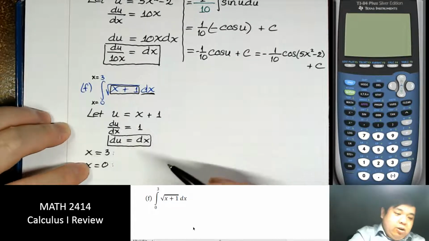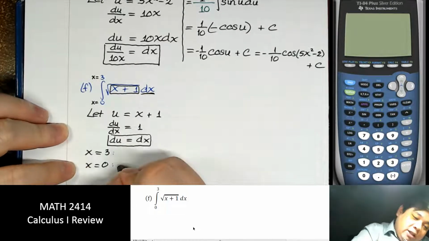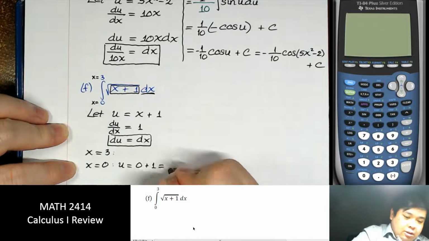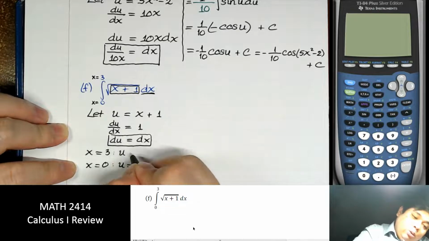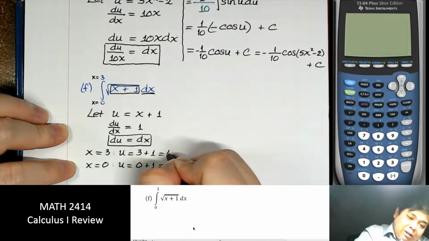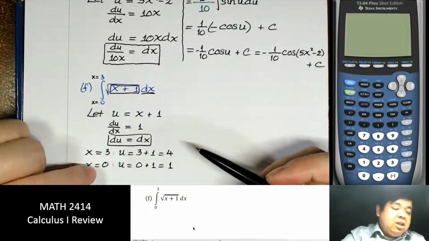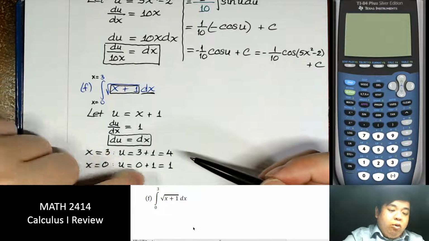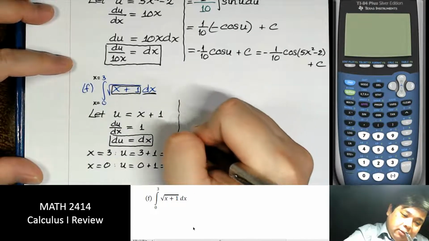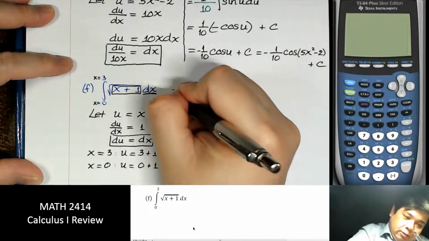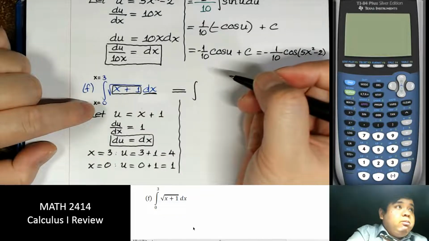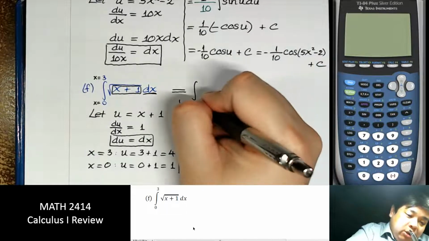When x equal to 0, we're going to put 0 in for x. And when x equal to 3, so it will go from, instead of from 0 to 3 for x, it will go from 1 to 4 for u. So now the limits, instead of 0 to 3, it will be from 1 to 4.